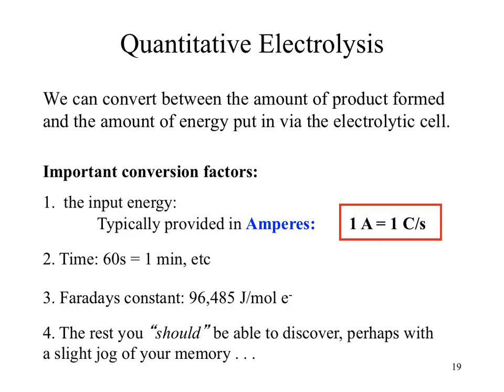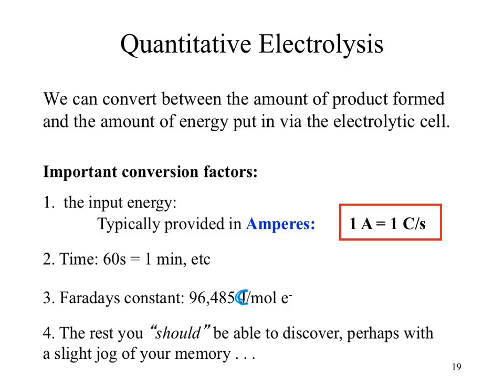Faraday's constant, we can use coulombs per mole of electrons. If we bring in the joules, we have to bring in volts. What we really want is coulombs per mole. Why is that helpful? Well, our amps we can eventually convert into coulombs, but we need to be able to convert those coulombs into an amount of electrons. How do we do that? Faraday's constant. We now know how many electrons we've pumped into the reaction. The rest we need to be able to figure out by looking at balanced reaction equations. How many moles of electrons are needed to do a particular conversion?